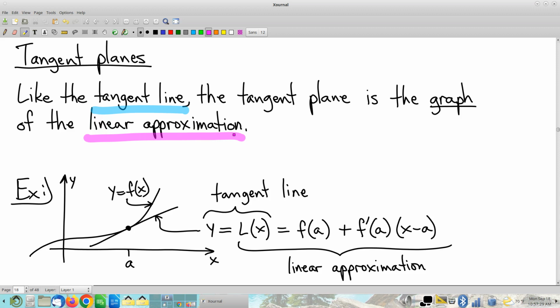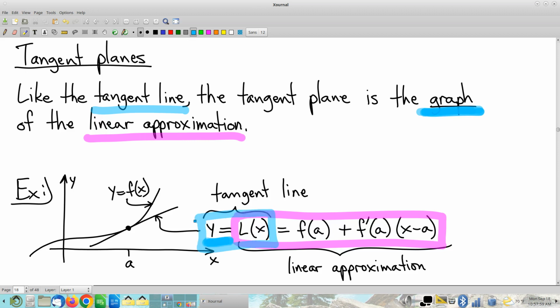So it's annoying, right? But here's your linear approximation. That's that function that we've been talking about. Notice it's a purely algebraic object. It's just a function. That's it. Okay? It's a function that has nice algebraic features, a good approximation of the function and all that. The tangent line is the graph of the linear approximation.